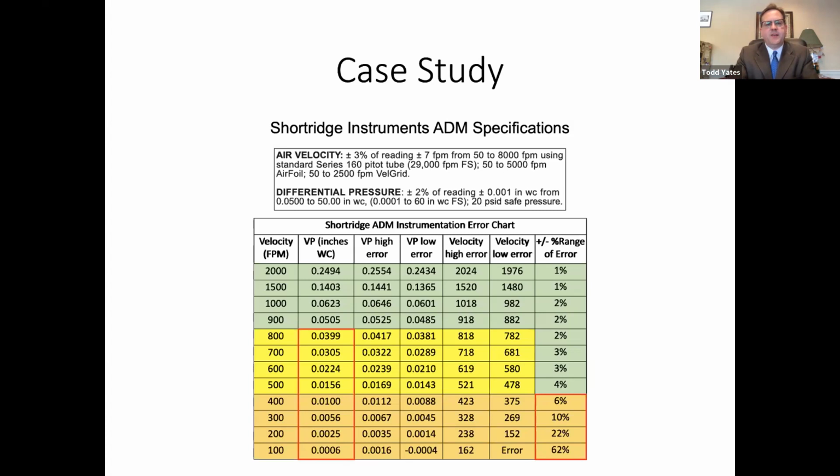But so we're seeing, when you're above 900 or 1,000, your error is really pretty low. When you get down to 800, you're getting into a range where that area is beginning to increase 2, 3, 4%.